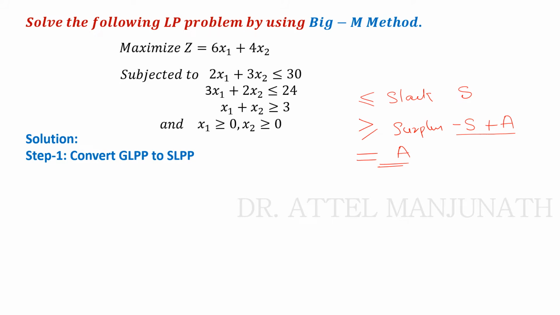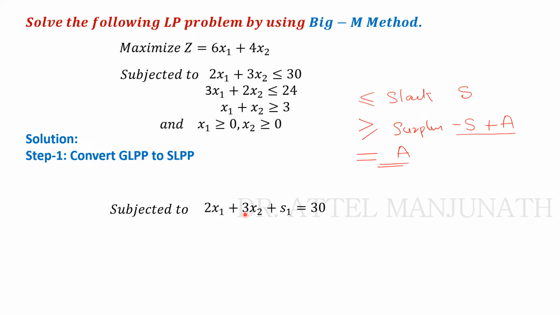Now we will convert the given equations into the standard linear programming problem. Take the first equation. Here it is given less than or equal to, which means you need to add a slack variable. So 2x1 + 3x2 + s1 = 30, where s1 is the slack variable.